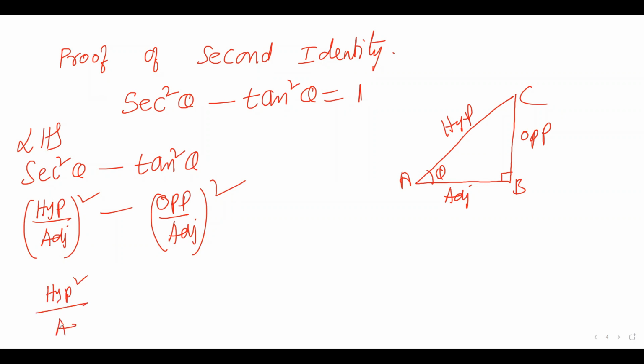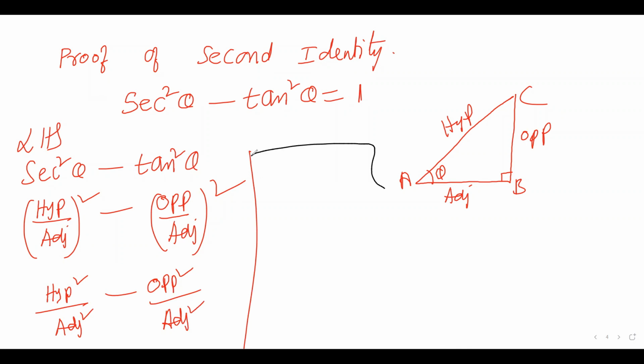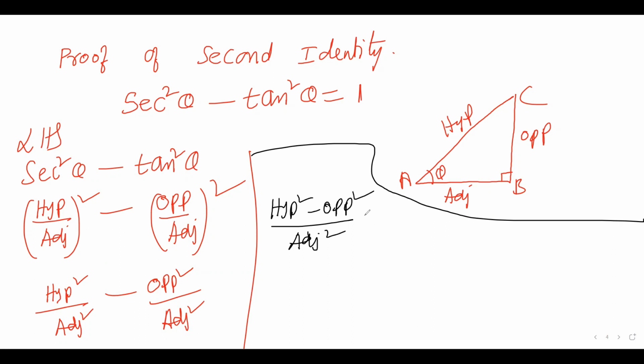Hypotenuse square by adjacent square minus opposite square by adjacent square. What is the LCM? Adjacent square is the LCM. What will remain in the numerator? Hypotenuse square minus opposite square.